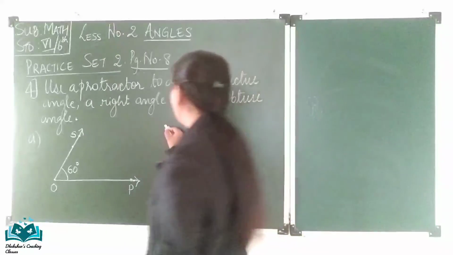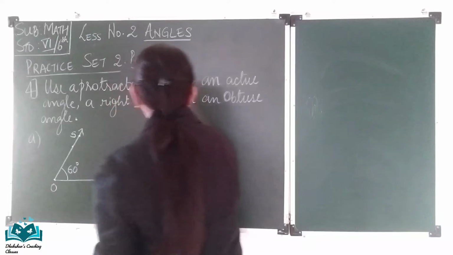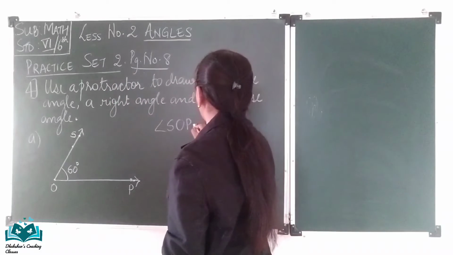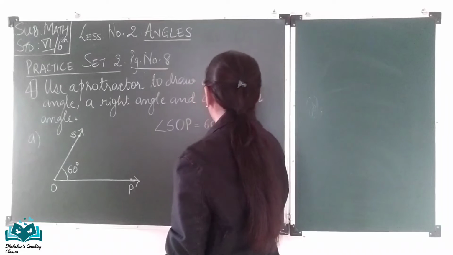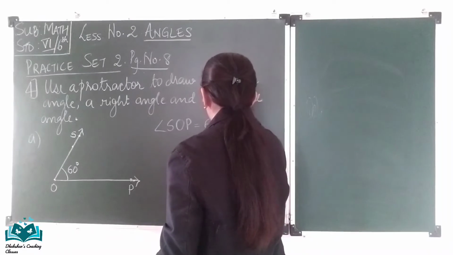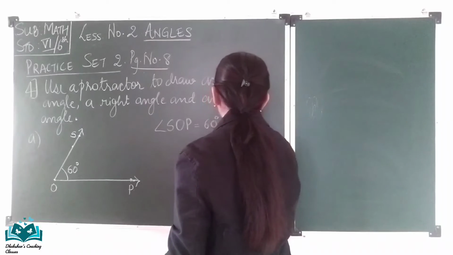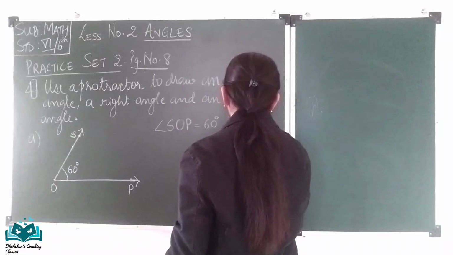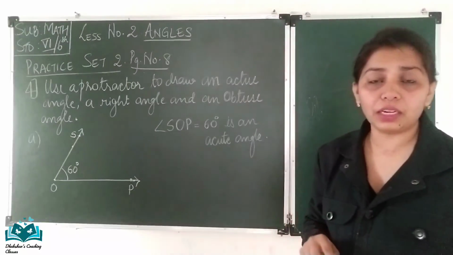So I will write it down: angle SOP equal to 60 degree is an acute angle. So the first one is understood.